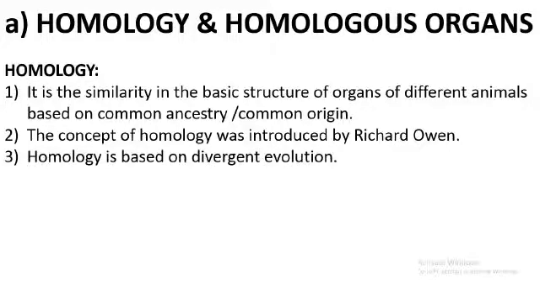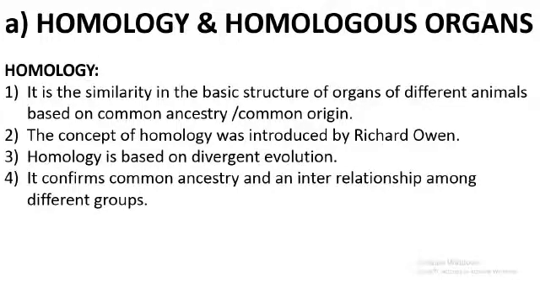If you speak about human evolution, the basic place was Africa. From there, different groups moved to different areas, and based on climatic conditions, they changed. So in man there are different races, but all humans have the same basic skin structure. That's why we say homology is based on divergent evolution. The origin point is the same, but depending upon the requirement, their structural pattern can change. This confirms common ancestry and interrelationship among different groups.